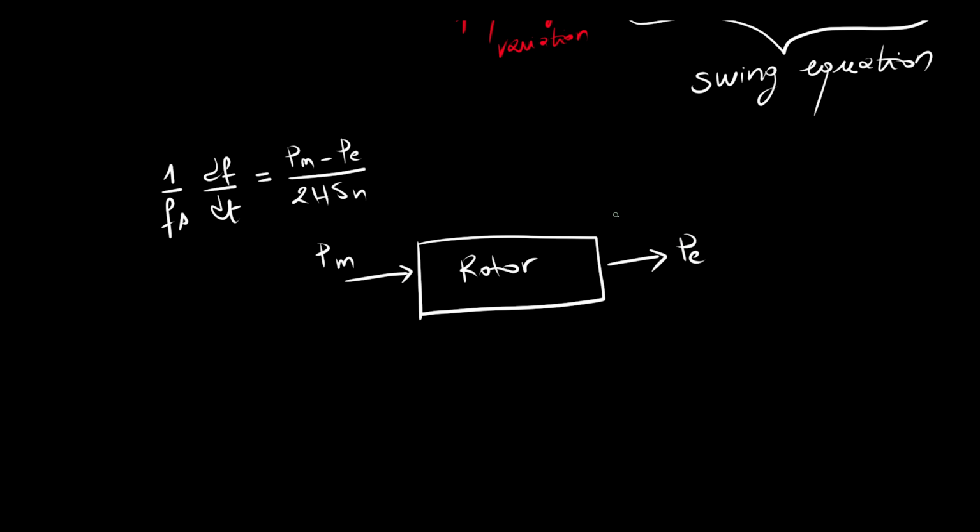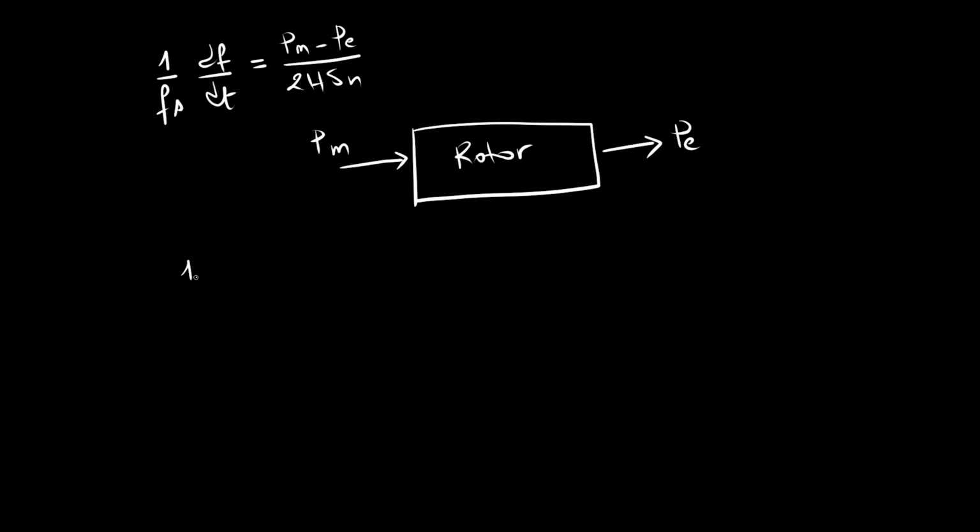From this equation, we get three scenarios. First, if mechanical power is greater than electrical power, frequency increases. The rotor speeds up. Why? Because the extra energy gets stored as kinetic energy. Second scenario, if electrical power is greater than mechanical power, frequency decreases.